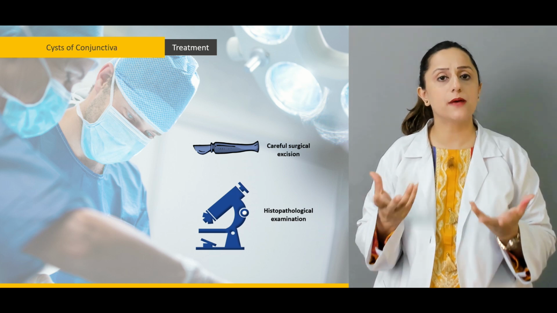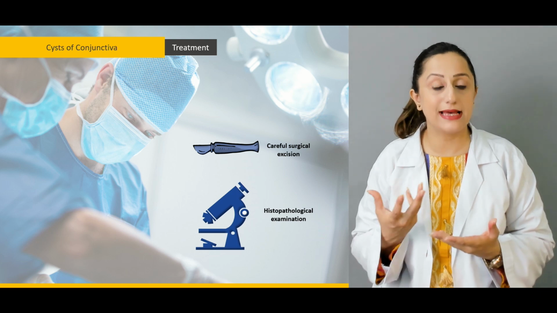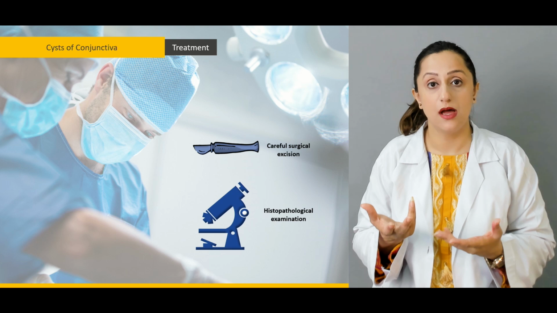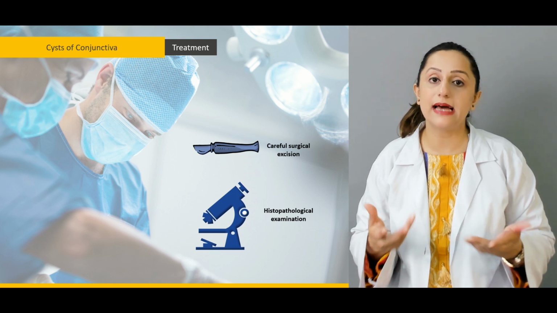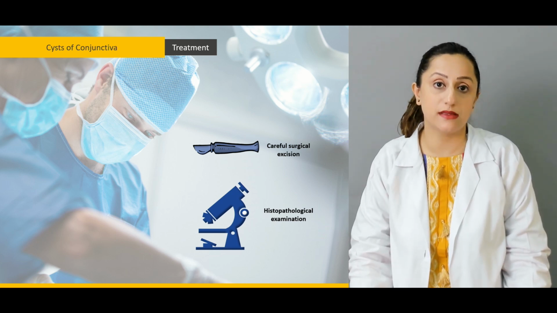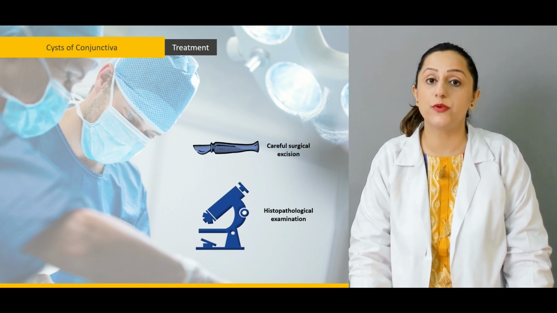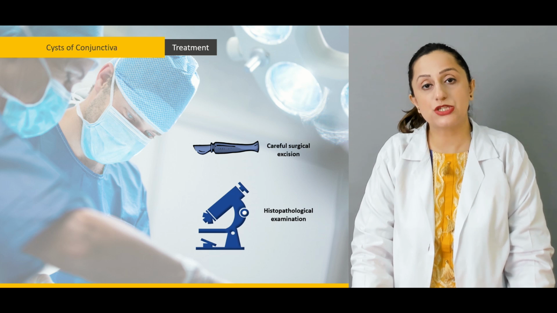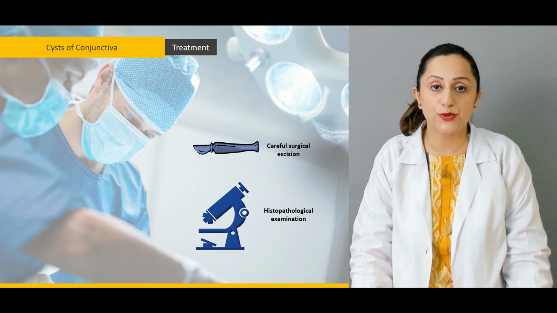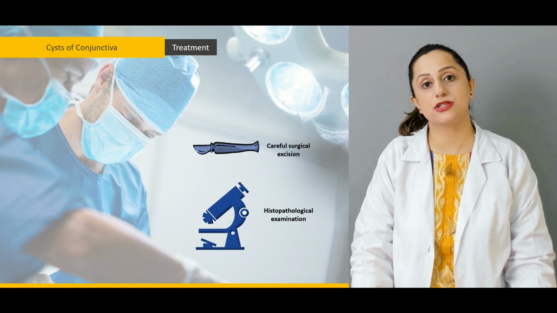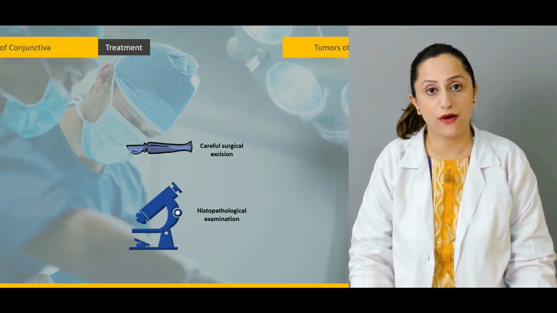Whenever the patient comes to you with this particular mass in his or her eyes, you don't know whether it's of benign origin or a malignancy occurring in the individual. So we have to differentiate between these two whenever we are sending this for histopathological examination, and that would finally reveal the basic status of the cyst that we were working on.